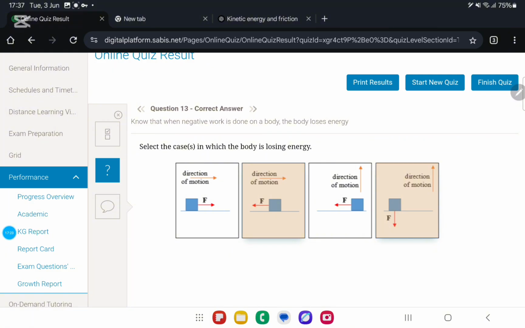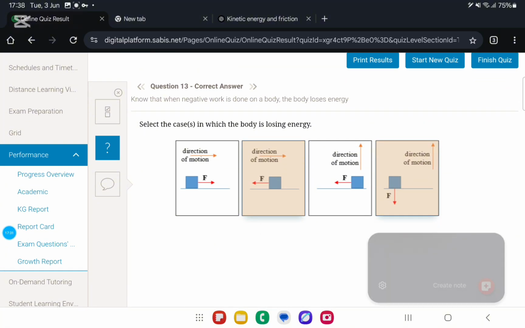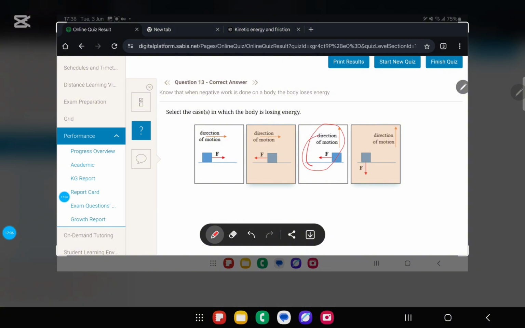I just want you to understand the concept. I don't want you to only memorize. I want you to understand exactly what's going on. So here, these two options are opposite. Now, if you're going to ask why not this one, since they're not moving in the same direction, so this should be resistive. No, this is different. The force here and the direction of motion are entirely different.